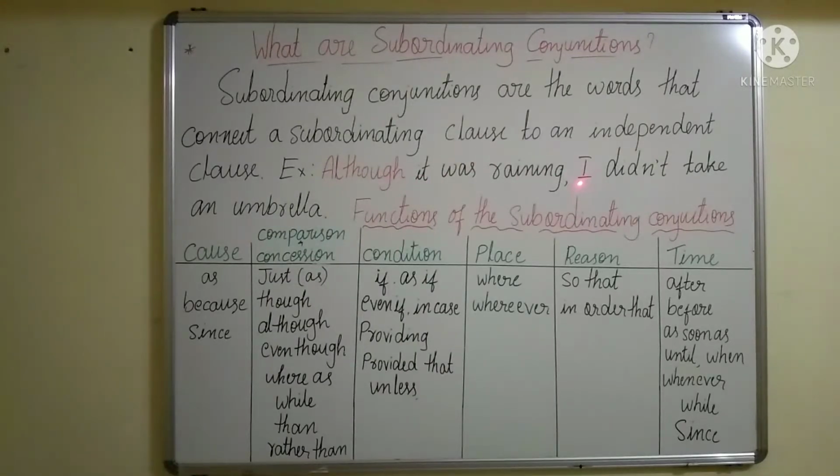If we write the independent clause after the dependent clause, then only it gives complete meaning. That is why such clauses are called subordinating clauses. These subordinating clauses don't make any sense without an independent clause, so they cannot stand on their own.